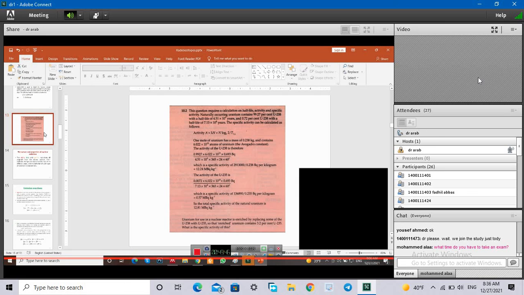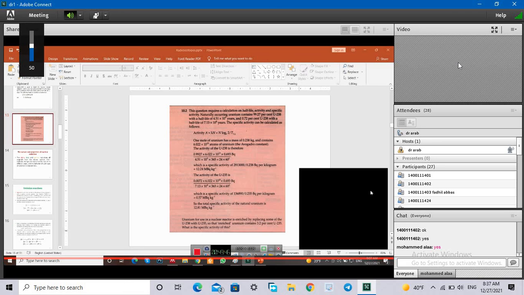at first, we should calculate the activity of each sub-element. We should calculate the activity of uranium 238, and also the activity of uranium 235.